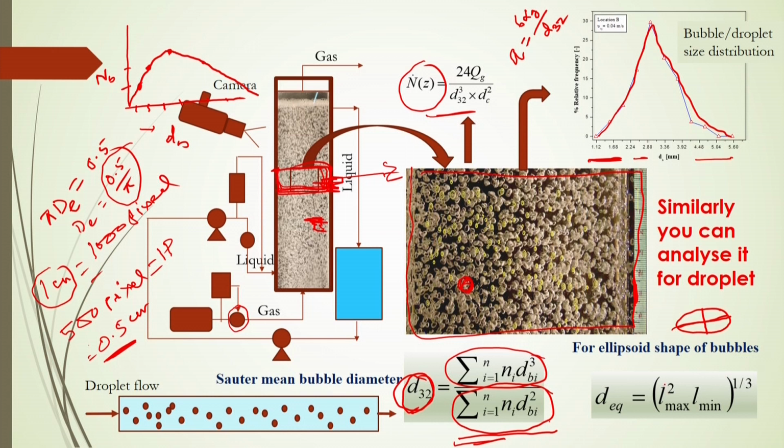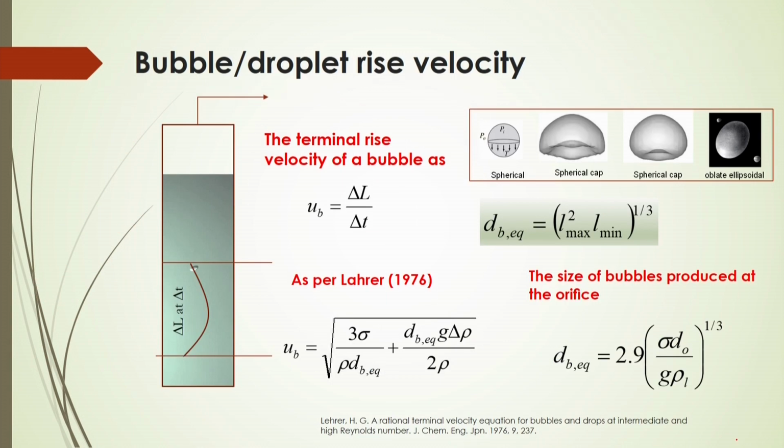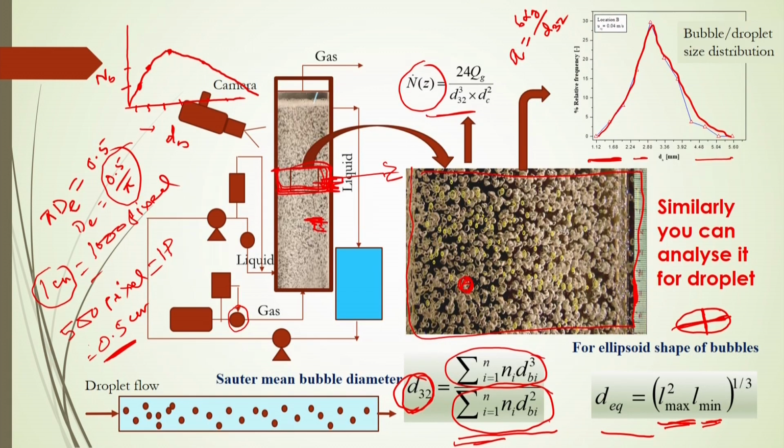If you know the major axis L max and the minor axis L min, then you can calculate the equivalent diameter as (L max square into L min) to the power 1 by 3. In this way we get the bubble size and its distribution.